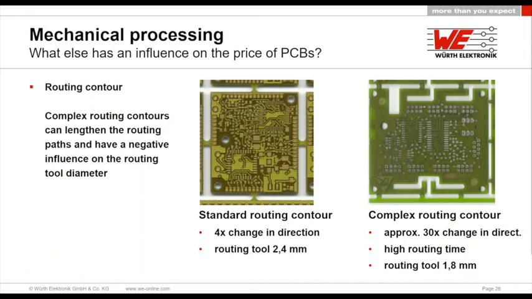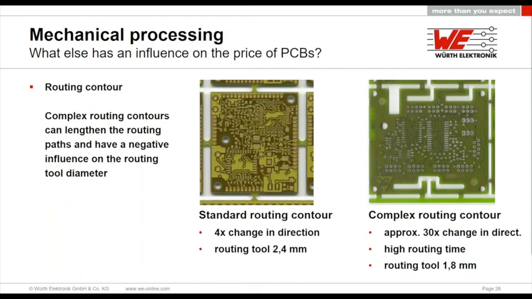So if you have a 1.6 millimeter slot, for example, we would need to use a 1.2 millimeter tool or 1.4 millimeter tool so that you still have enough material there. I think it's a 1.2 millimeter tool, sorry about that. So that there is still enough FR4 material remaining for the routing tool to route through it.